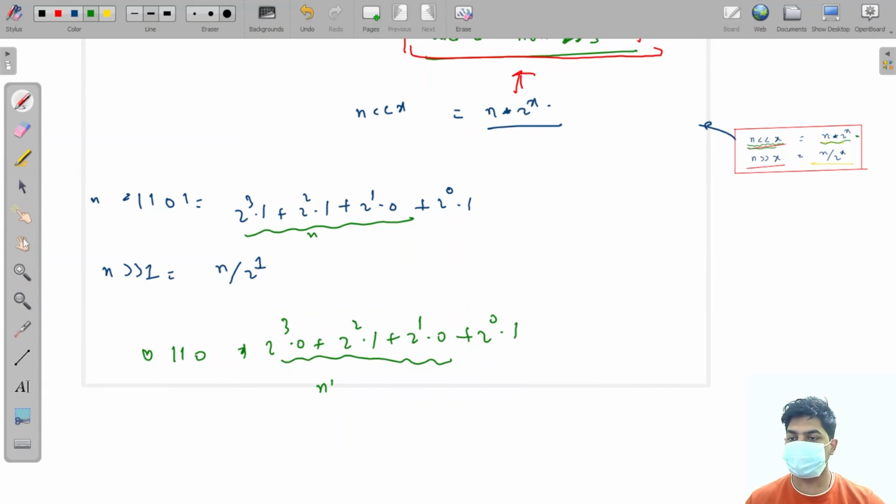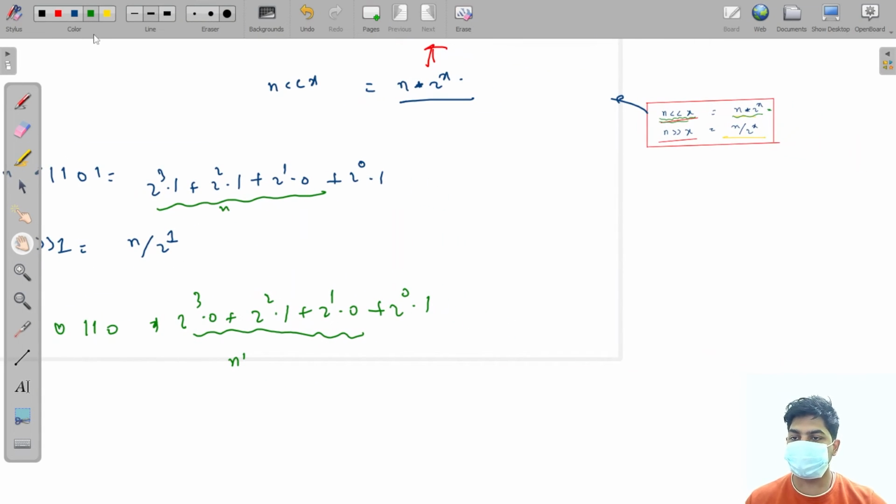Now if we look clearly at this original number, let's divide it by 2.